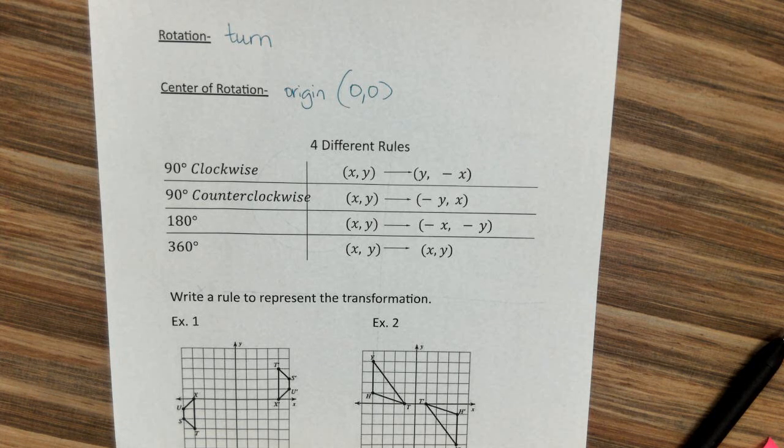The angles are congruent. The side lengths are congruent. The perimeter is. The area is. So what changed? Your view. What's that called? The orientation changed.